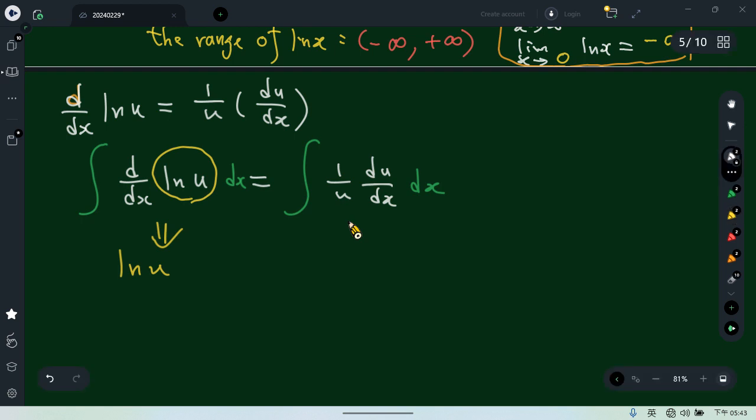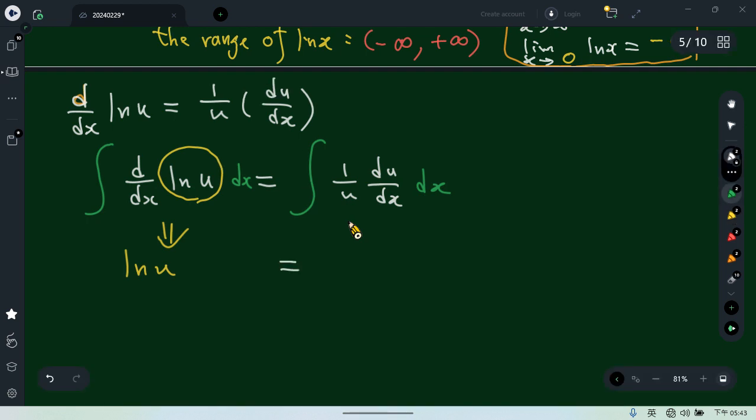For the right hand side, I will regard this as a differential. Do you remember a differential can be regarded as a variable, right? So we can cancel it. So for the right hand side, we get the integral of 1 over u du will be ln u plus c.